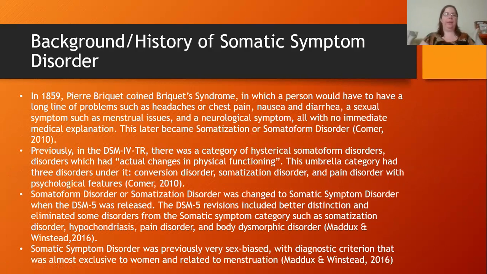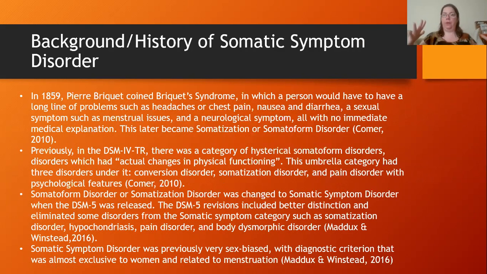Forever ago, back in 1859, a gentleman by Pierre Briquet coined Briquet's syndrome. And this was way back in the day before we really narrowed it down. With Briquet's syndrome, a person would have to have a laundry list of problems, including headaches or chest pain, nausea and diarrhea, sexual symptoms such as menstrual issues, and a neurological symptom.